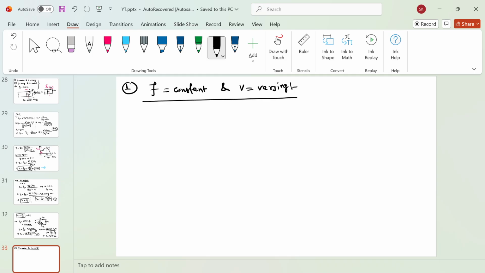We will see the impact on starting torque, the impact on the maximum torque, slip at maximum torque, the impact on rotor current I2, and the impact on rotor power factor cos theta 2. These are the things that we need to analyze from this particular video.